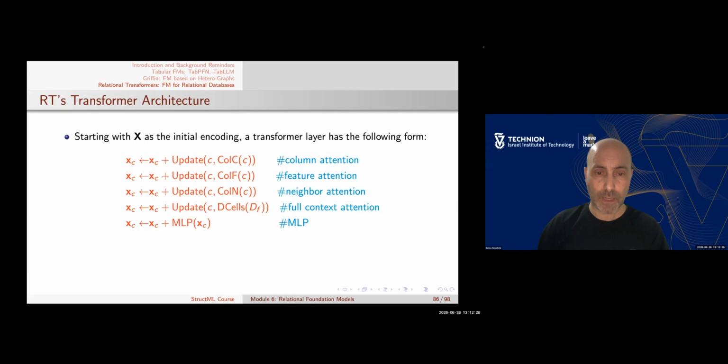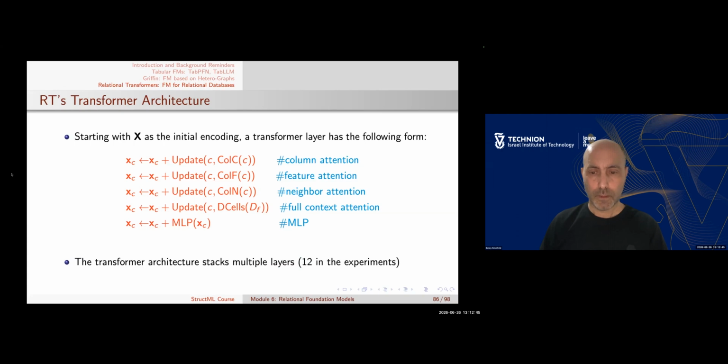Every time we add the previous result to the update. So in the end, we sum up all of these parts and include the skip connection and so on. Now, this is one layer, and the transformer architecture stacks multiple of these in the experiments.